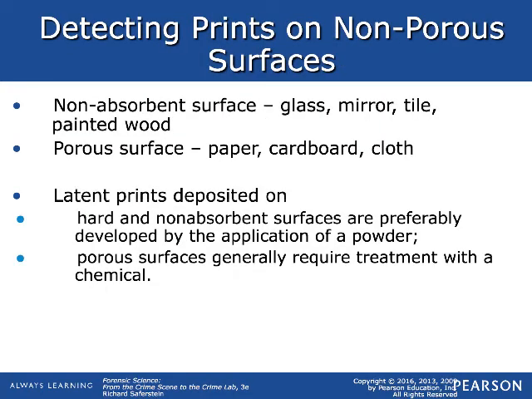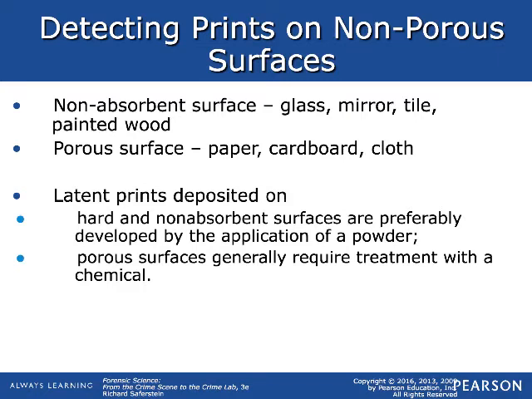Now the next section talks about porous and non-porous surfaces. A non-absorbent surface would be something like glass, mirror, tile, painted wood, something that's not going to take up water. Something that's porous would be paper, cardboard, fabric, cloth.